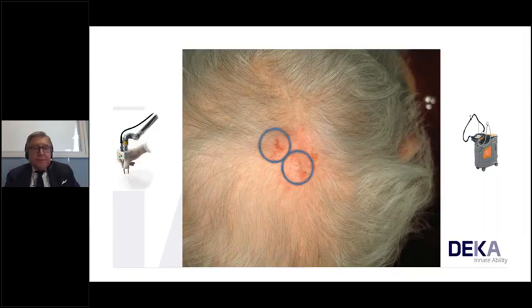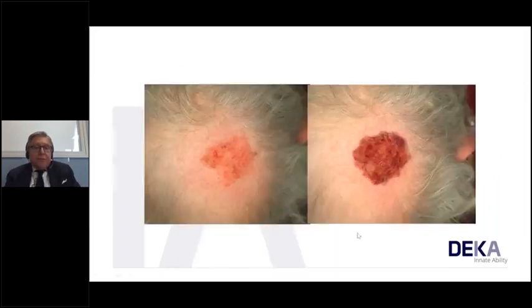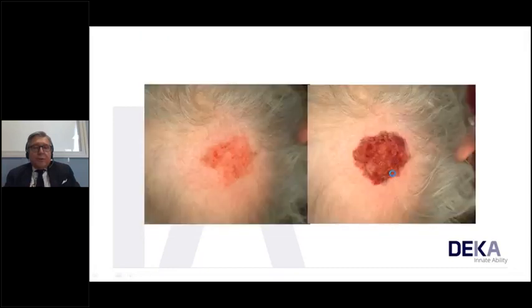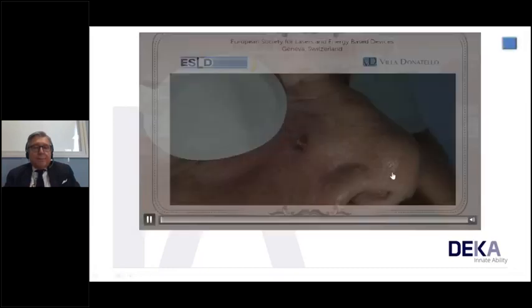You see here 2 BCC. In the first treatment, we open the roof of the area so that we can use the pulse dye laser with a typical purpura, and you see the results after three months.